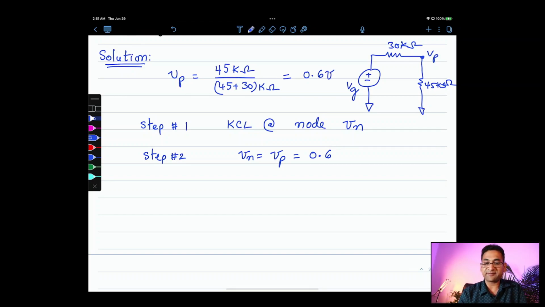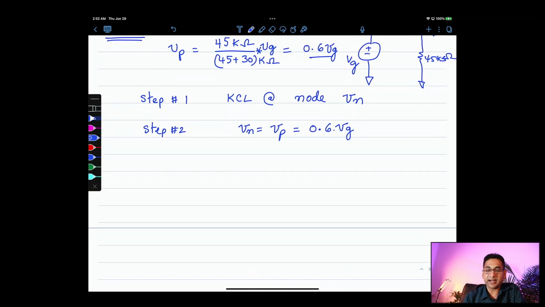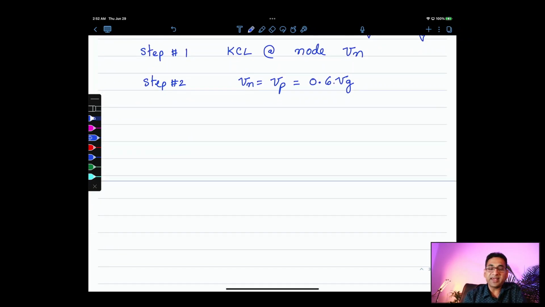Actually, there is a factor of Vg over here, 0.6 times Vg. That's the multiplication by the Vg term there: 45 kilo ohms by 45 plus 30 kilo ohms is the factor that multiplies Vg. So Vn is 0.6 Vg.